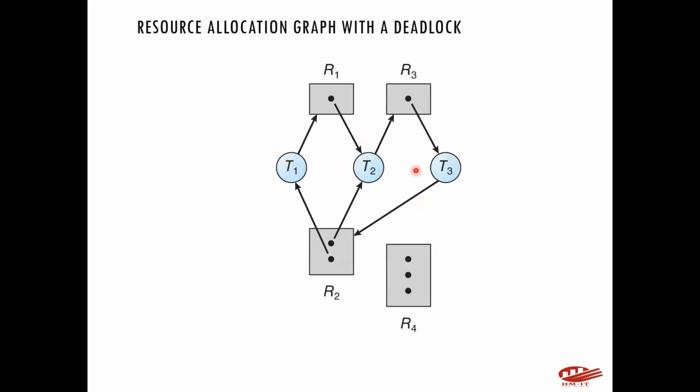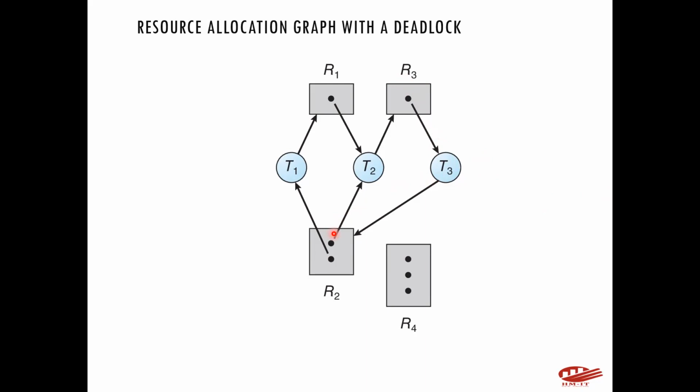Can you please read out T3? What is T3 doing here? Okay, from where? R2, right? And what happened to it? It is assigned the resources from where? R3, right? Right here, R3 is assigned, and then T3 is requesting R2, resource 2.